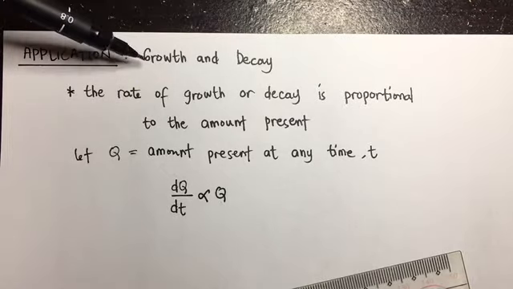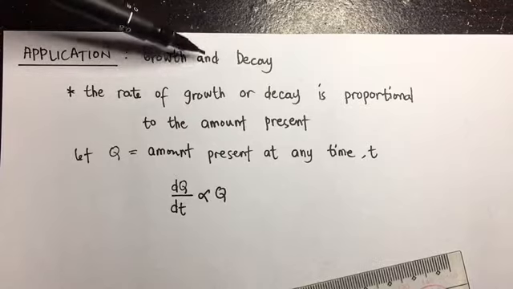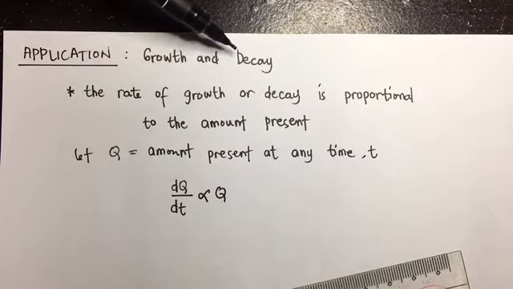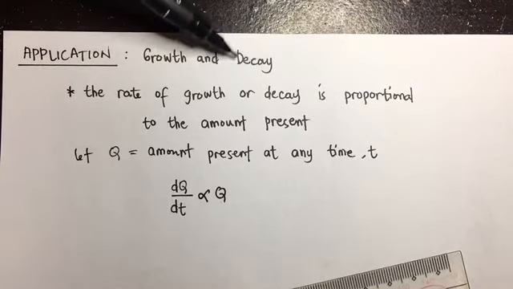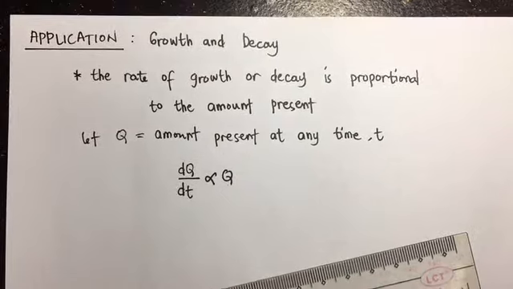So the rate of growth of those things. We can also use it on decaying substances, say for example radioactive decay. So growth and decay, so for those things that change, their quantities change.